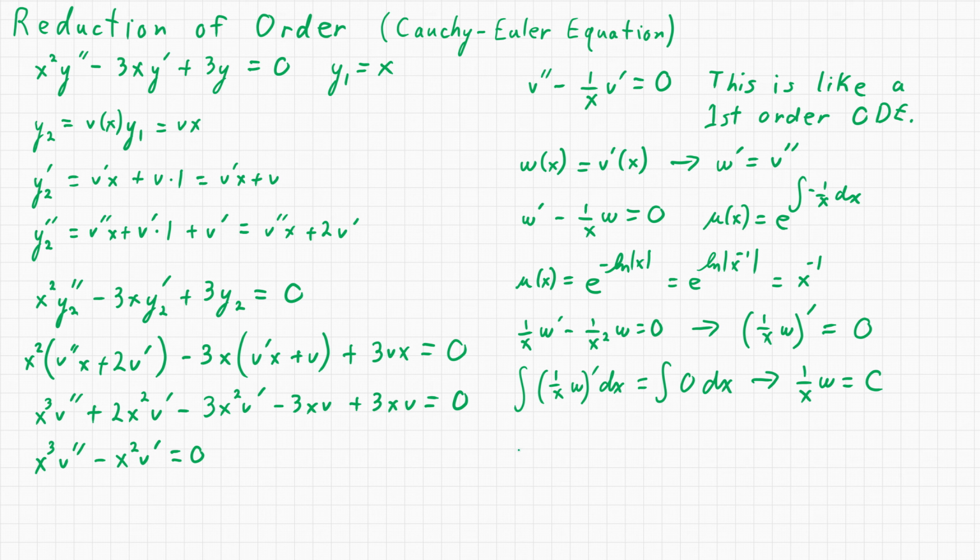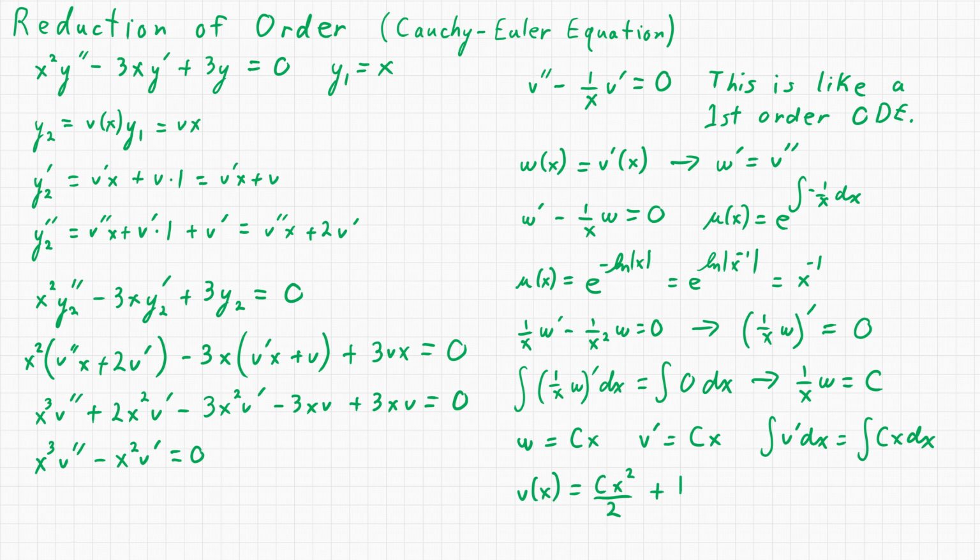Then w is equal to c times x, but remember w was v prime, so we actually have v prime equals c times x. So then one more integral, we get integral of v prime dx equals integral cx dx, and that leads us to v of x is equal to cx squared over 2 plus d.